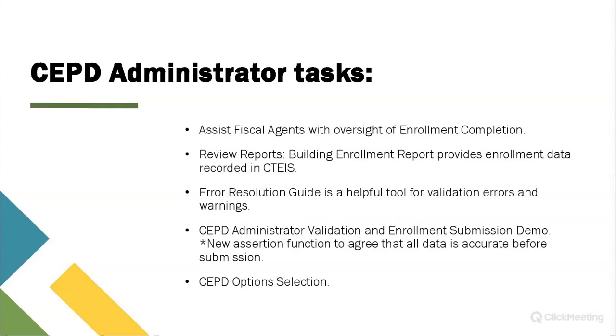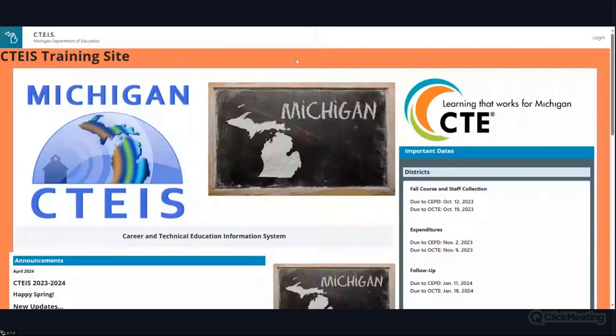So we went through CEPD options. Now we're going to go through the review. We're going to go back to our training site and go to our review page. We're back on our home page.